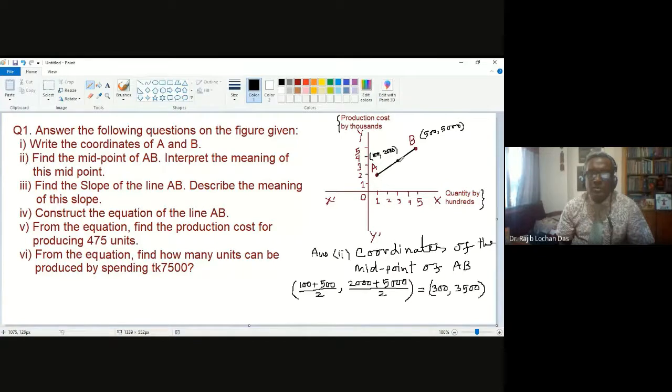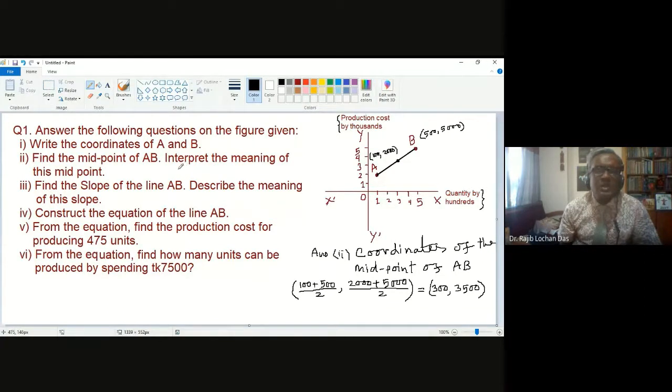Do you think it is correct? Yes, sir. So this is correct. Now, I did not tell you in the question that you will show this in the figure, so it's fine. 300, 3,500 is okay. This is the first part.